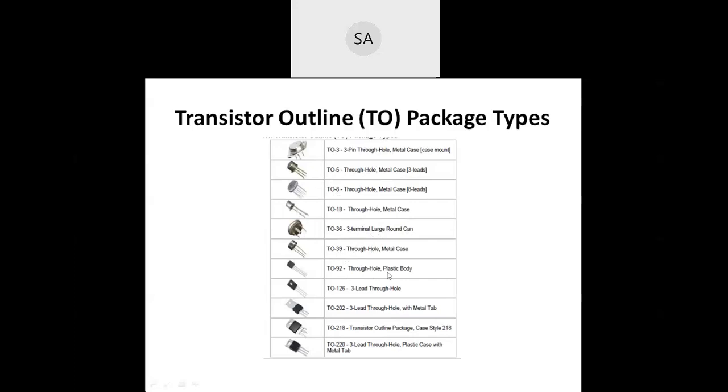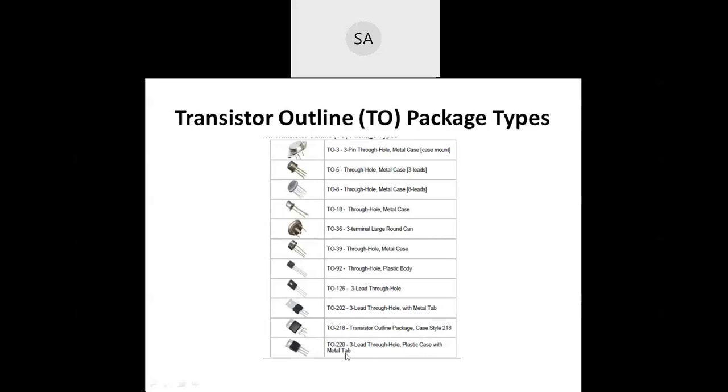TO92 through hole plastic body. From this onwards you have the plastic body. TO126 three lead through hole, TO202 three lead through hole with metal tab, TO218 transistor outline package case style 218, TO220 three lead through hole plastic case with metal tab.